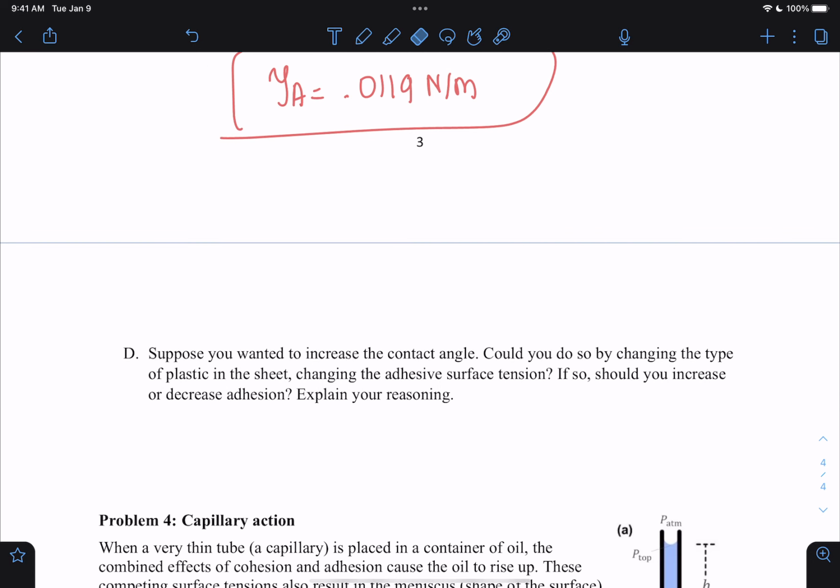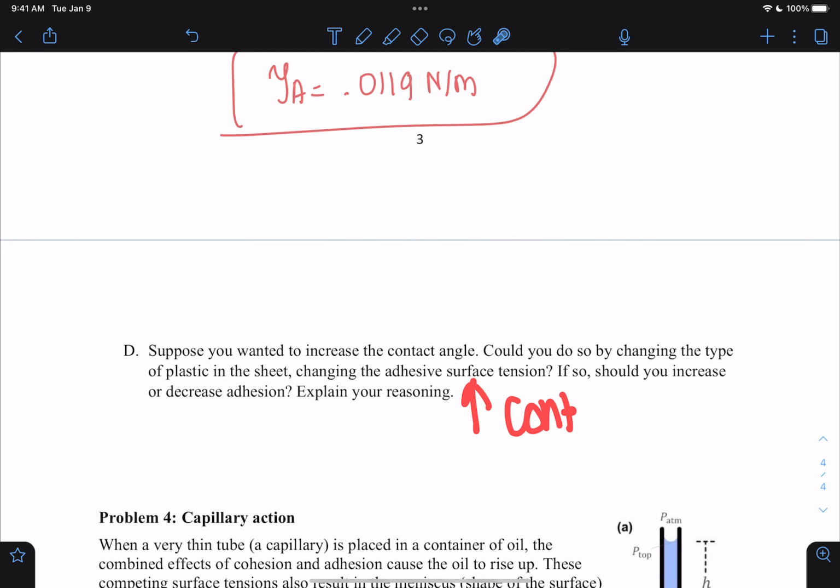So I could change the type of plastic in the sheet, and the way I would change it would be to decrease adhesion. If I increase theta, I decrease my adhesive surface tension. You can use the equation to show that as well if you wanted to.